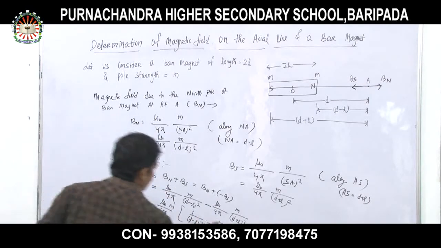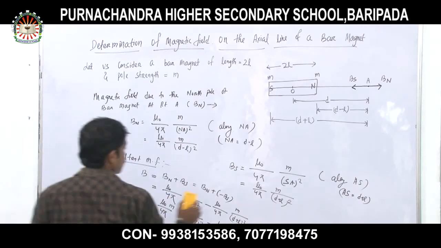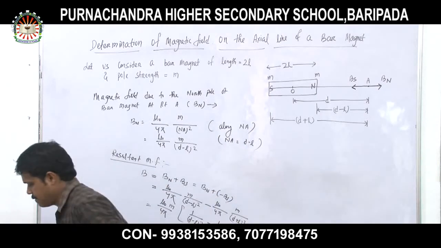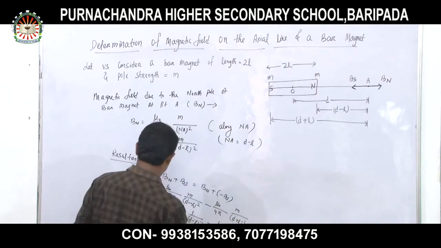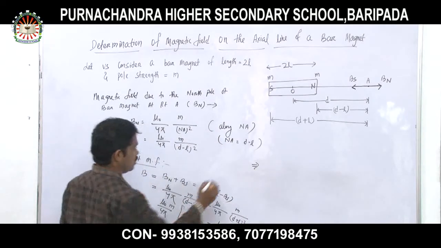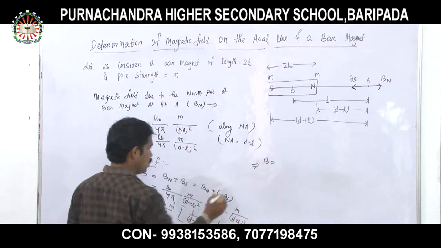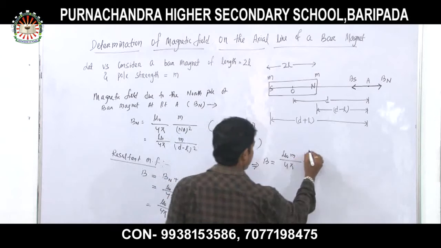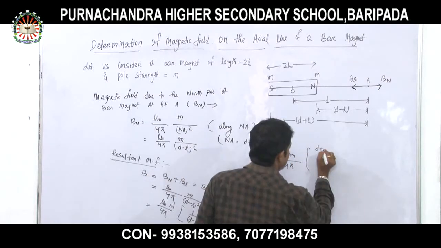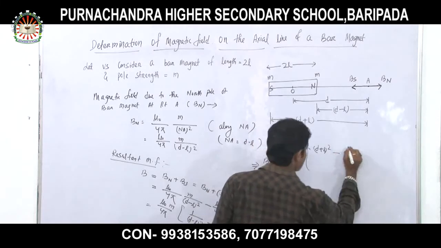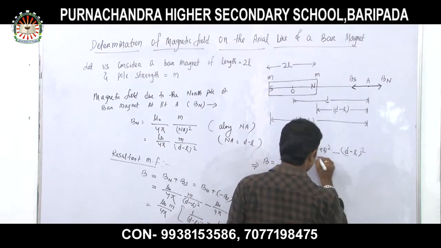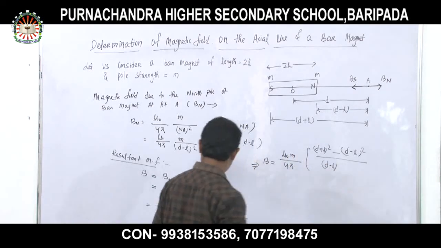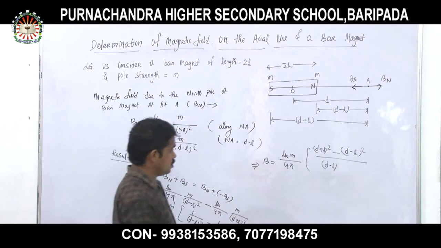Okay, so now just I have to solve it. So that implies, look at here. So B is equal to mu 0 m divided by 4 pi, D plus L whole square minus D minus L whole square divided by D minus L whole square into D plus L whole square.